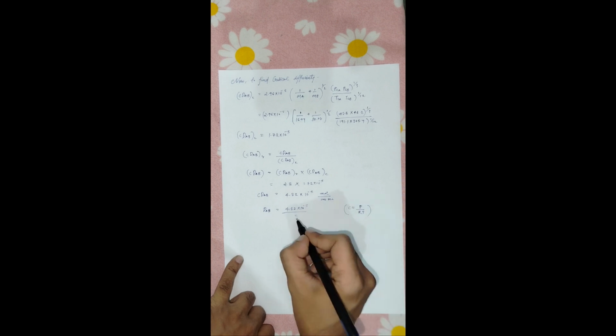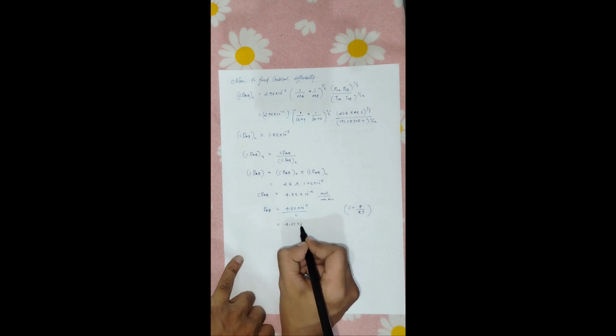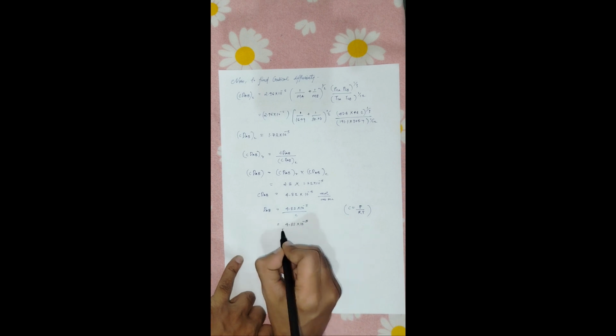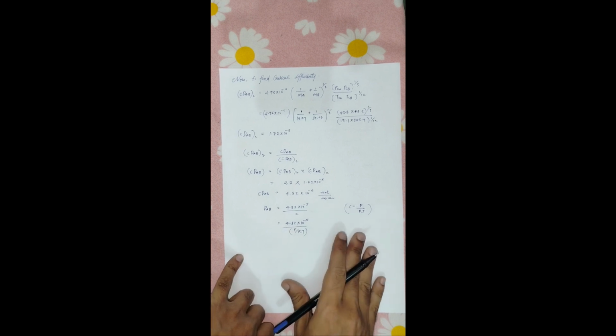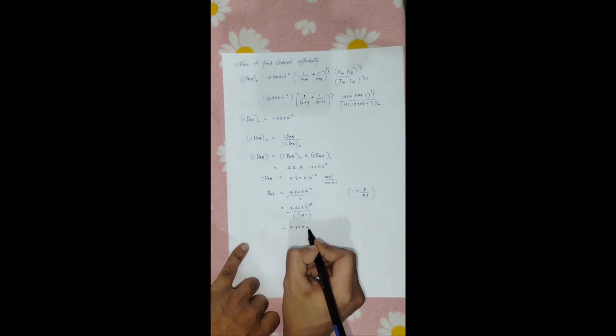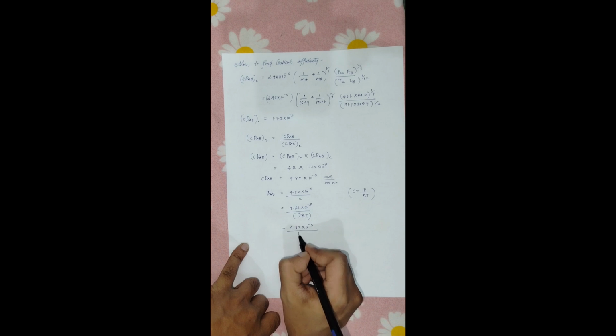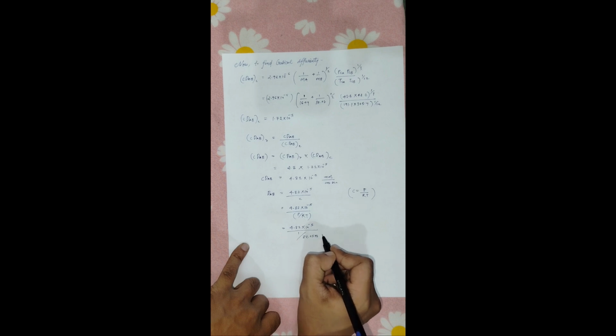So we'll substitute here and calculate the diffusivity of the system, P by RT. 4.82 into 10 to the power minus 5, this data we already have, 82.0578 into 756.